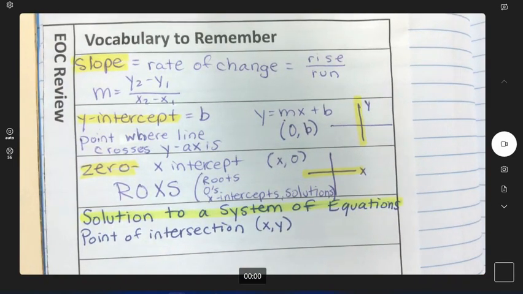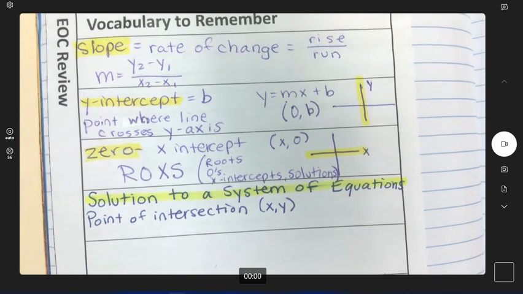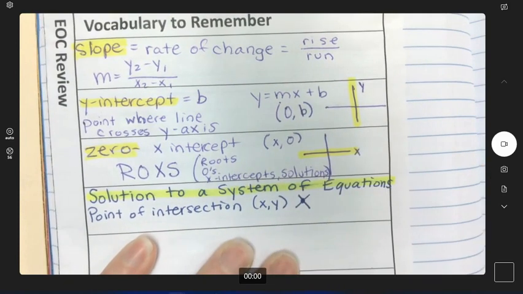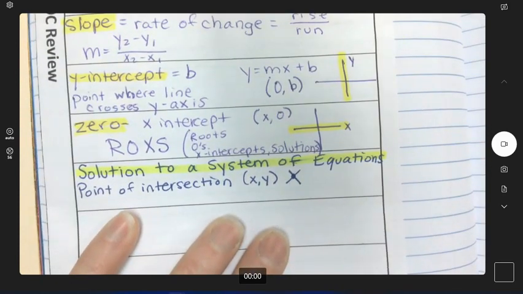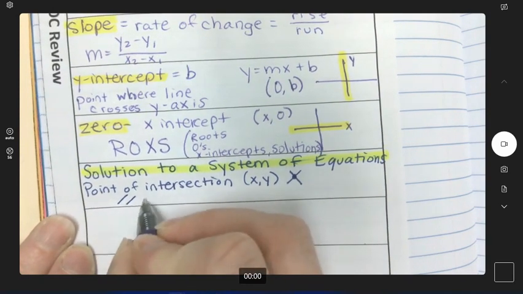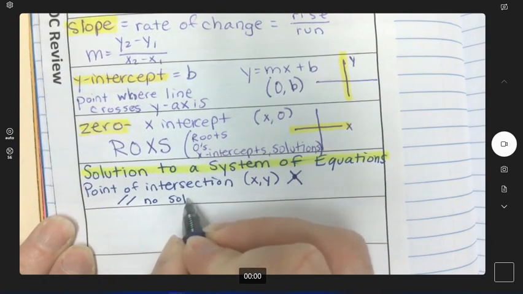You can either have one solution, no solution if they never touch, or infinite solutions, okay? Same line would be infinite solutions. Parallel lines would be no solution. So you would look at where they intersect, that point of intersection. Parallel lines like this means no solution.